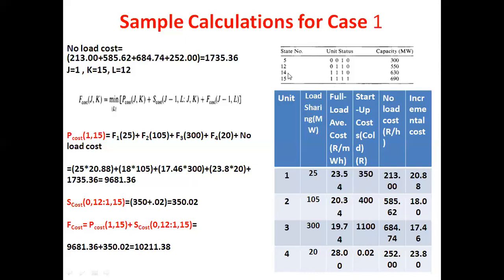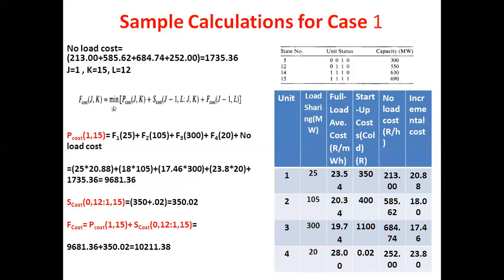And when we are going from 14 to 15 state, we turn on unit 4, and the startup cost for unit 4 is 0.02. So that is 350 plus 0.02, the total transition cost that we have already calculated, 350.02.